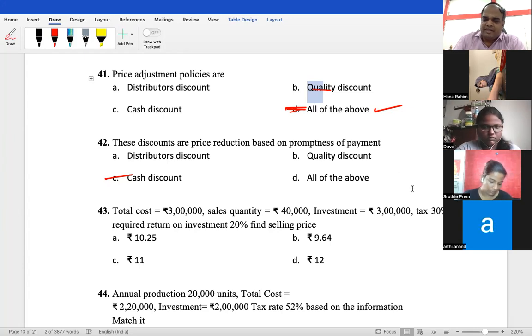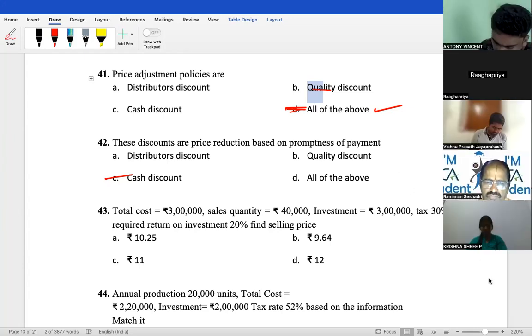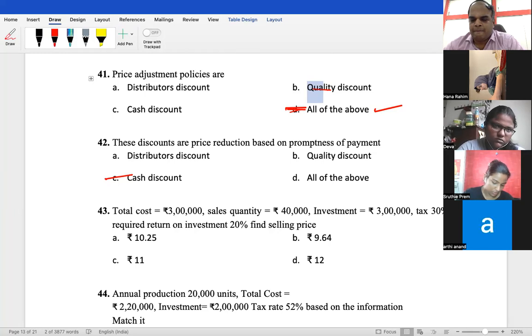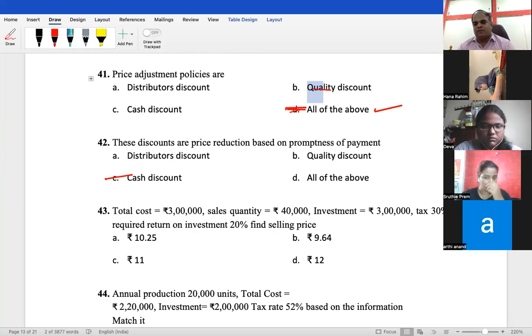Balance equals profit after tax, that is 70% on 40,000 X and 70% on 3 lakhs. Profit after tax comes to 28,000 X minus 2,10,000.